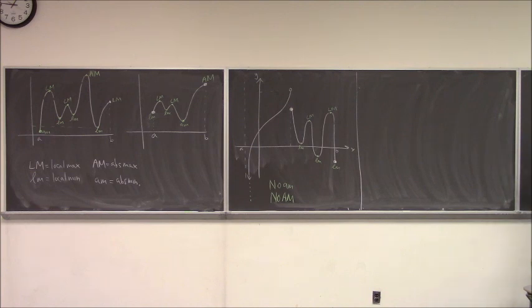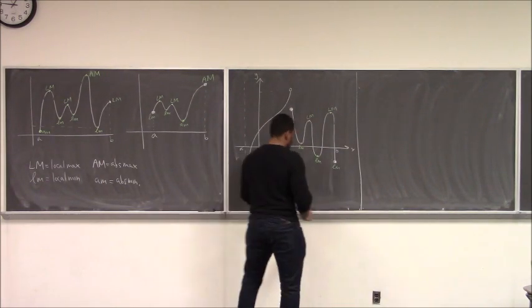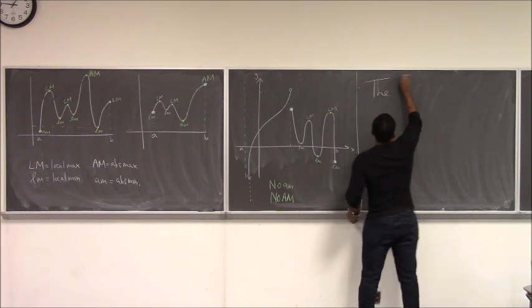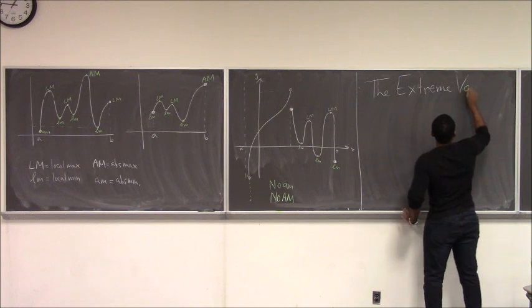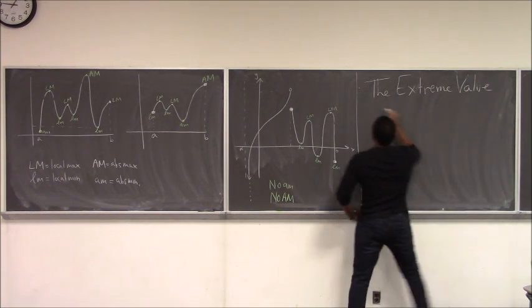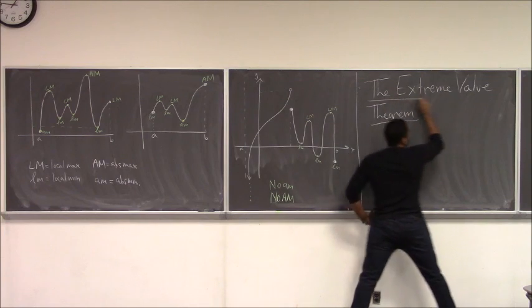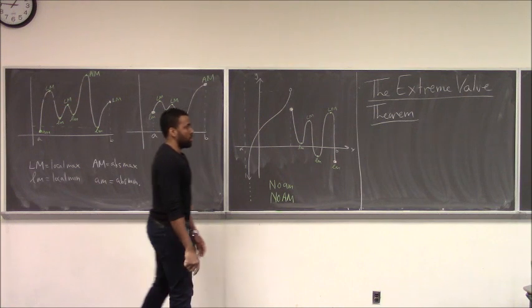I think we'll jump to the theorems. So, now regarding this discussion of absolute maximums and minimums, there are two important theorems for us. One is a super important theorem. It's called the extreme value theorem. We're not going to prove it. The proof is a bit involved, to say the least, but it's a very important theorem.